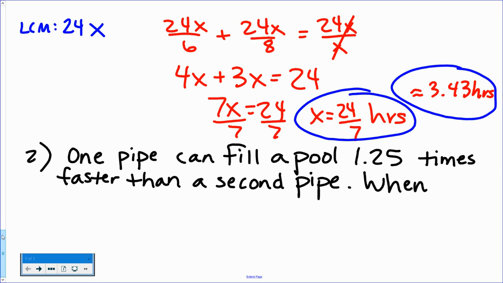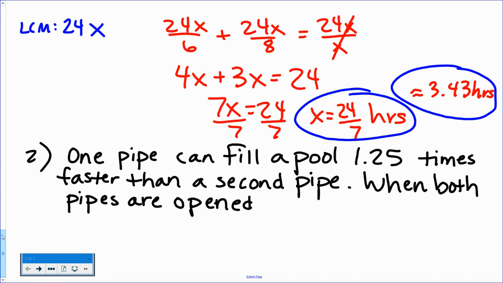When both pipes are opened, they fill the pool in 5 hours.